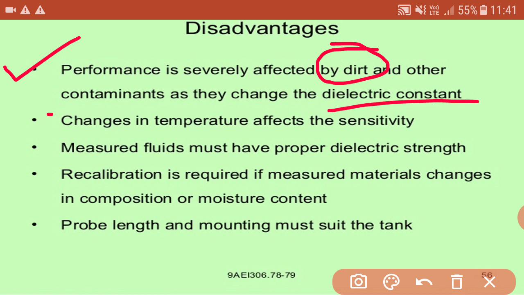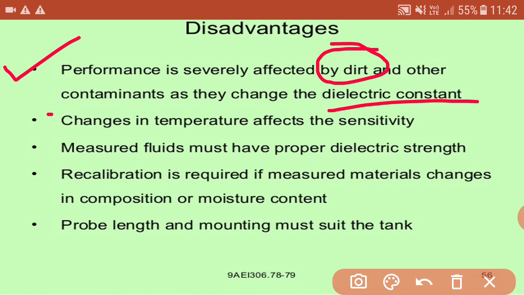Due to the dirt, there is a change in dielectric constant, and we know that if the dielectric constant is changed, then the capacitance is also changed, from the equation of the parallel plate capacitor. So this can be considered as a disadvantage.